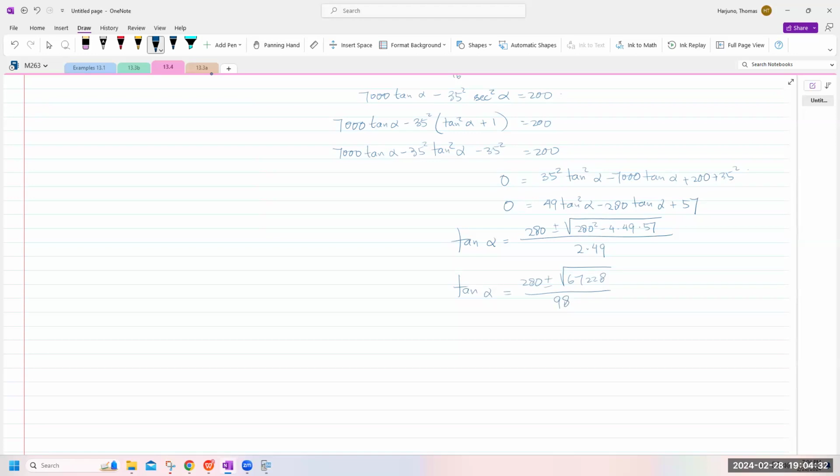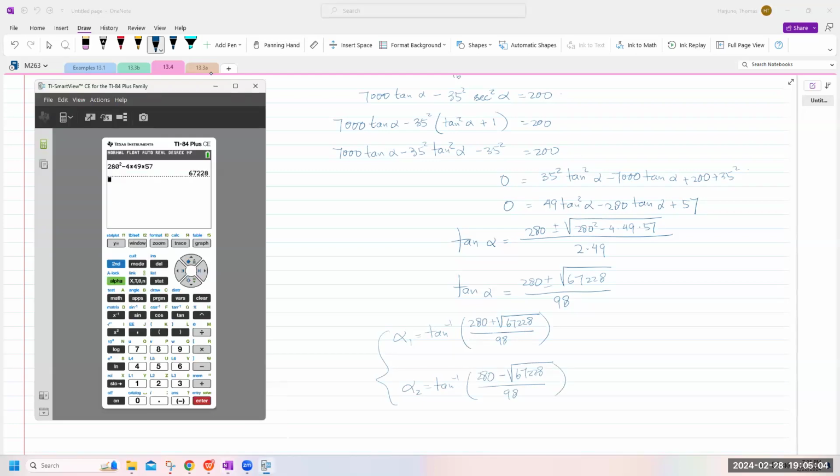But I think what I will do is just say that alpha 1, the first angle, is tangent inverse of 280 plus the square root of 67,228 over 98. That's the first angle. The second angle is the negative part: 280 minus the square root of 67,228 over 98.